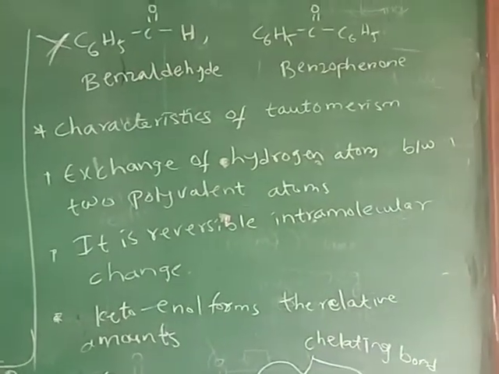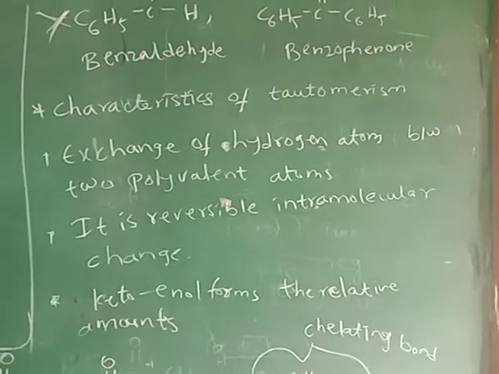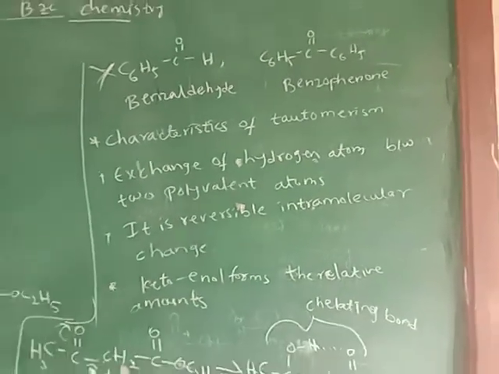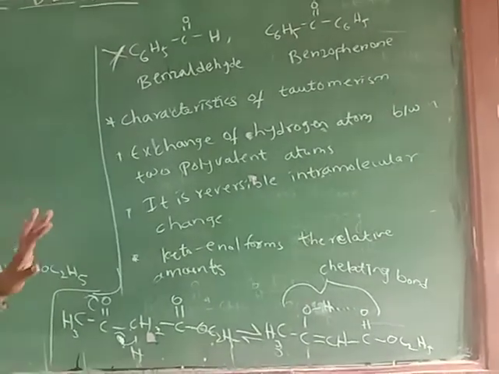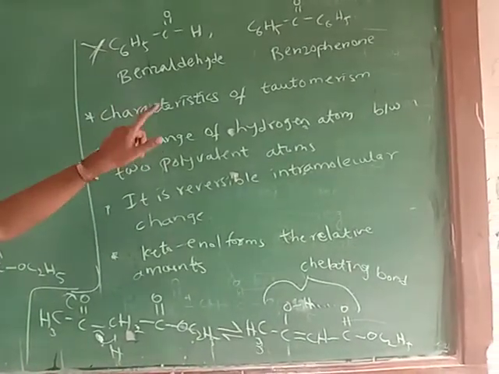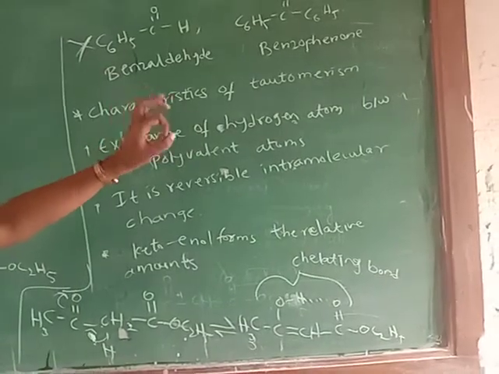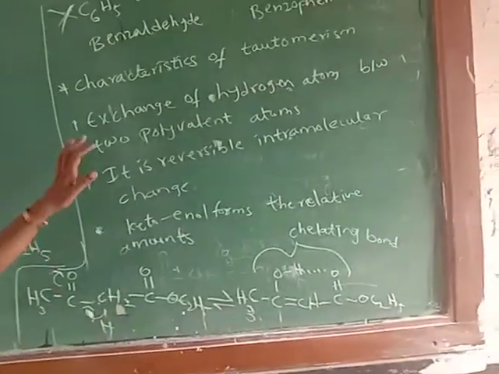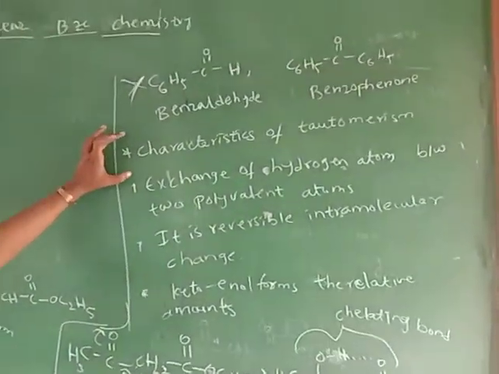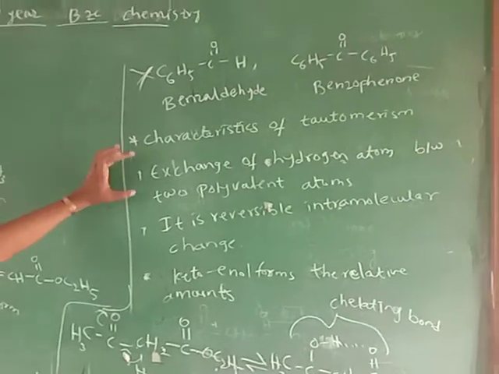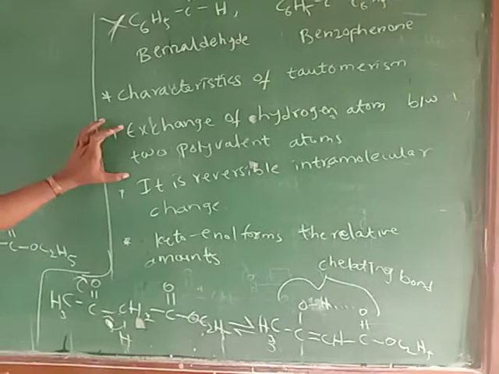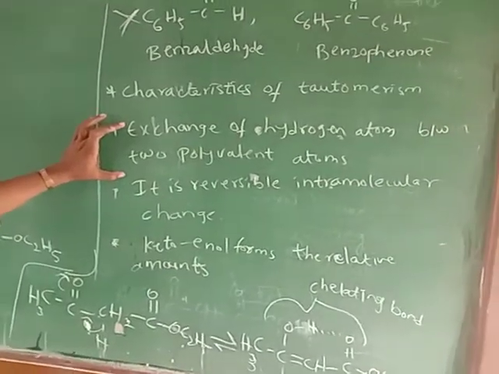So the molecules involved in keto-enol tautomerism must contain alpha hydrogens. If there is no alpha hydrogen, there is no possibility of keto-enol tautomerism. What are the characteristic properties of tautomerism? In tautomerism, exchange of a hydrogen atom takes place.